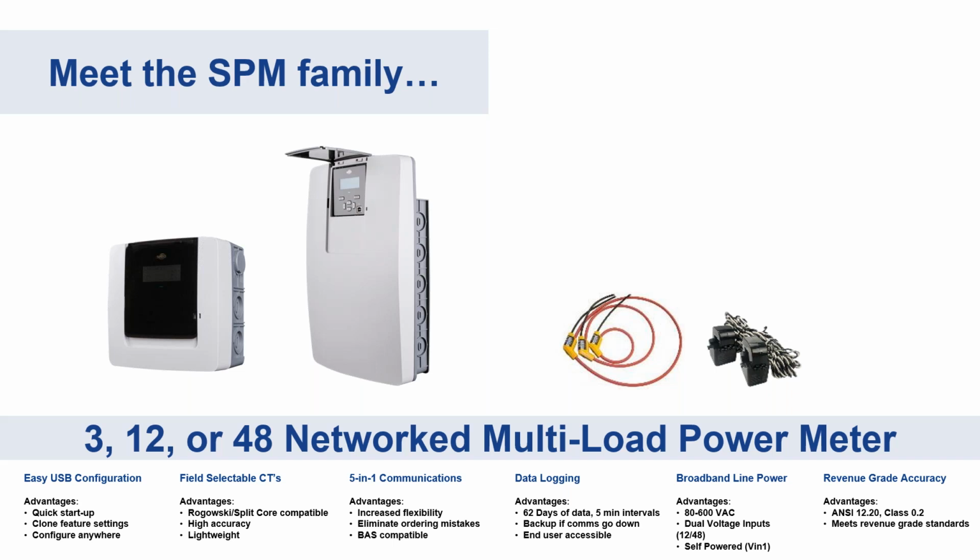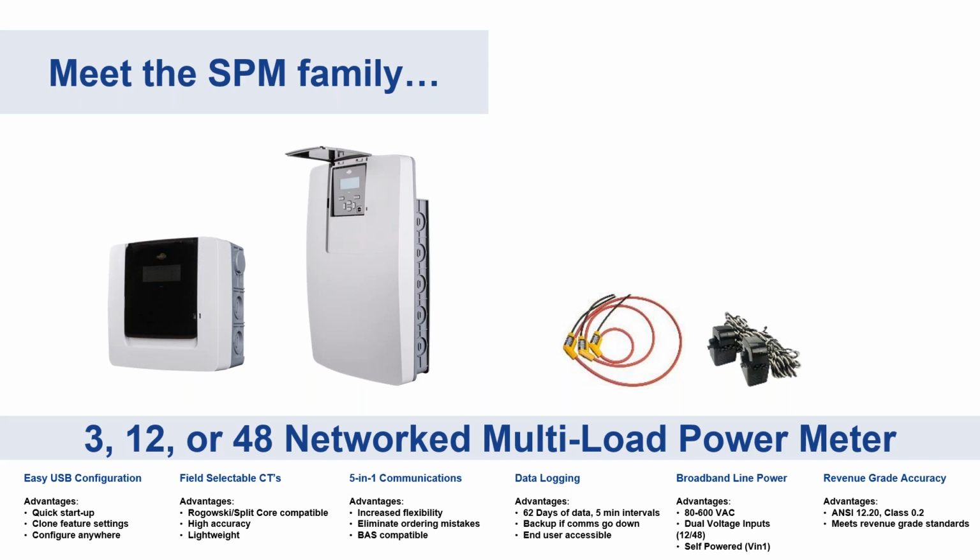So it's compatible with having both of those on site if you want Rogos for some of those higher load wires. 5-in-1 communications, we talked about 2 flavors of BACnet, 2 flavors of Modbus, and pulse output to the BMS.